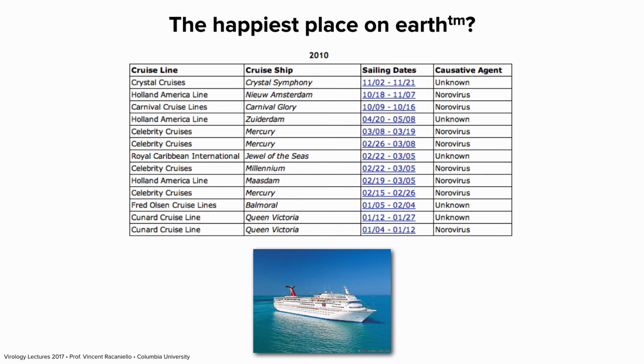There are outbreaks, and they're serious because the ship has to go back and get everyone off, and they have to decontaminate the whole thing, which is really serious. So they follow them. These are just a number of cruises where there were outbreaks, and sometimes they can tell it's norovirus, but sometimes it's something else. There are other viruses out there that are causing outbreaks on cruise ships.